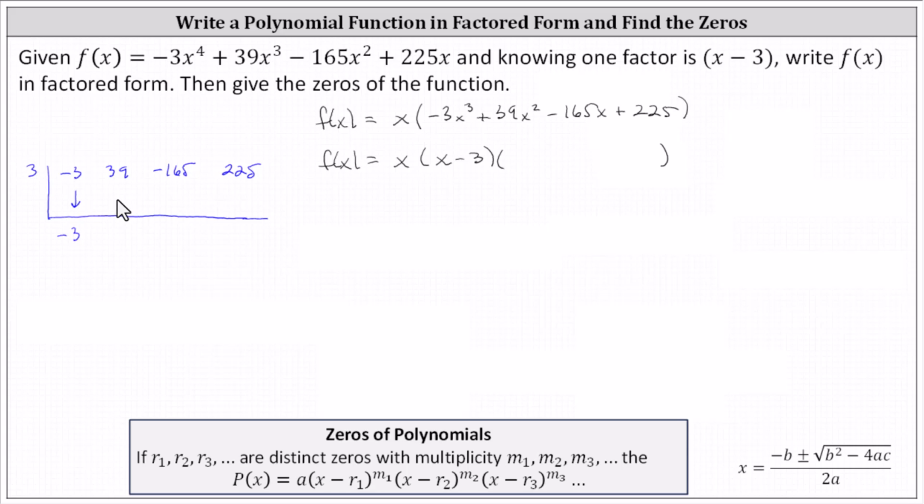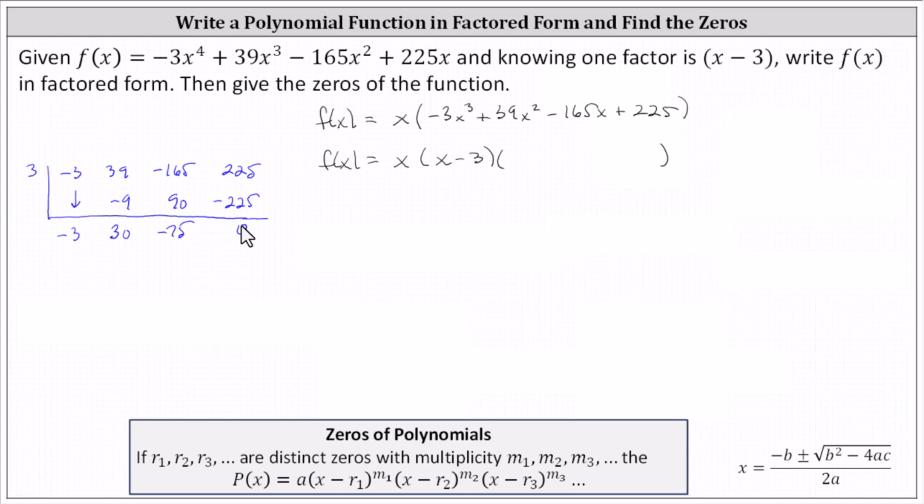Negative 3 times 3 is negative 9, and then we add 39 plus negative 9 is 30. Multiply by 3. 30 times 3 is 90. Add negative 165 plus 90 is negative 75. Multiply by 3. Negative 75 times 3 is negative 225, and we do have a remainder of 0.